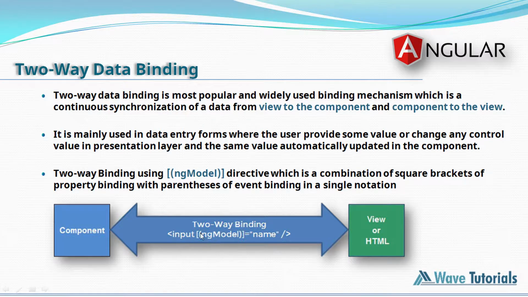You can see an example here, in the input form variable, we are using ngModel within parentheses and square brackets, and the data can be synchronized from view to component and from component to view. So let's open Visual Studio Code and see a few examples of two-way data binding.